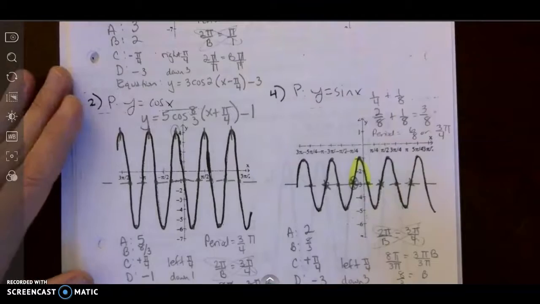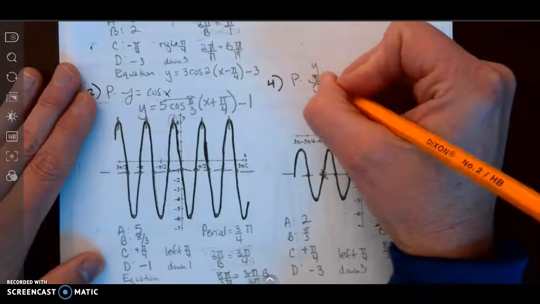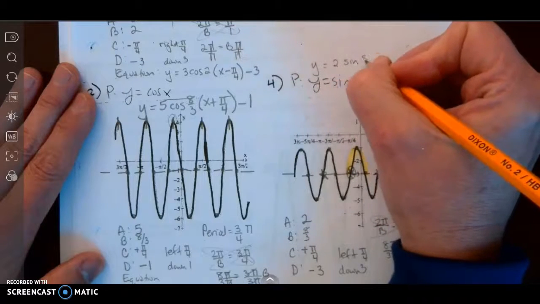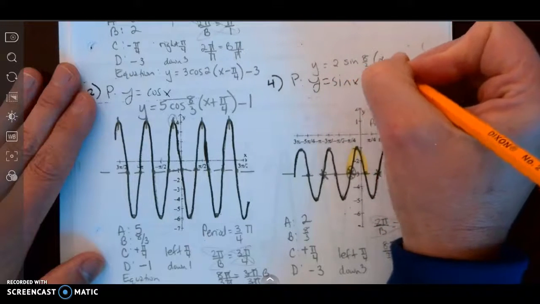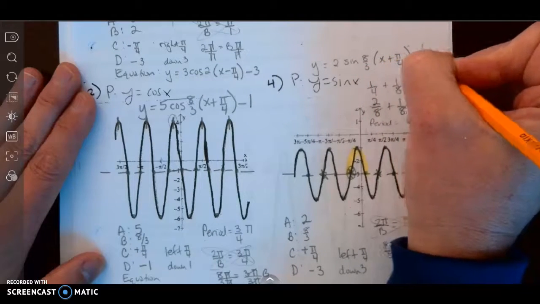And so my equation is, I'll put that up here, y equals 2 times the sine of 8/3 times x plus pi over 4 minus 3.